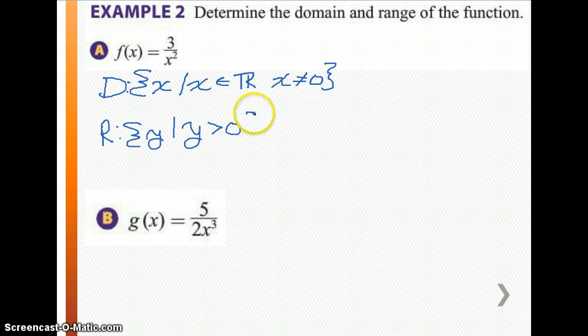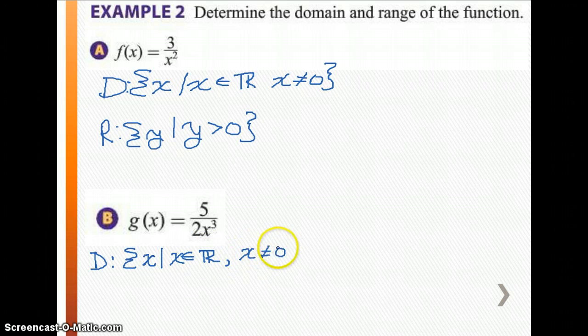Now let's take a look at the g of x function down here. For our domain, again, we cannot let x equal 0. So x is an element of the real numbers, but x cannot equal 0. Now the range is a little different here than at the top.